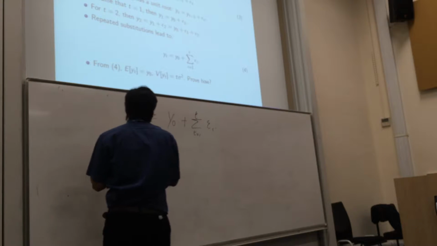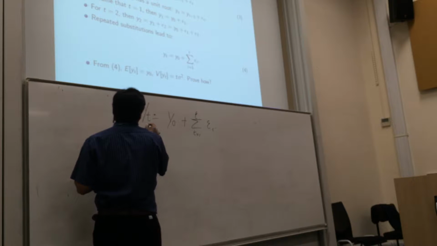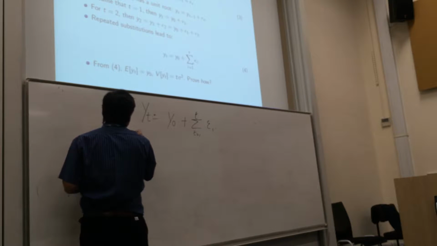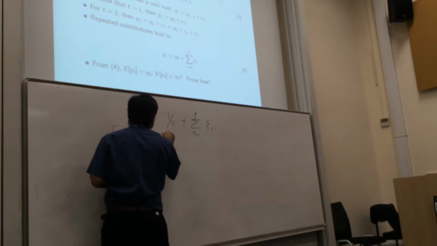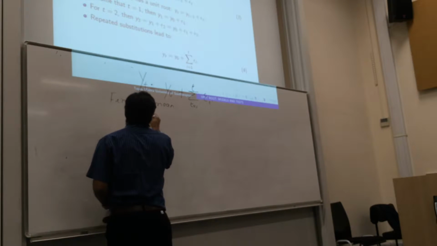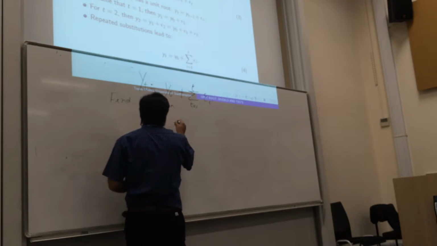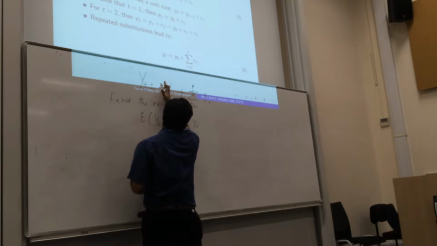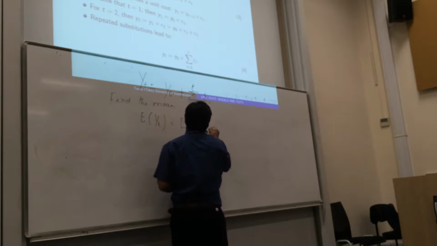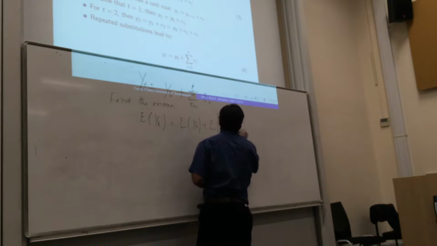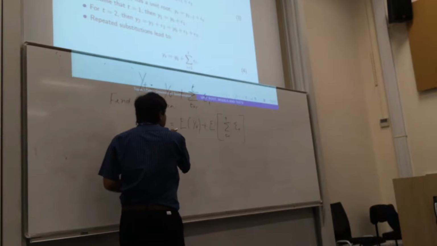So now I take an expectation, because I want to find the mean. The first thing is to find the mean. I write the expectation of y0, plus the expectation of the sum of epsilon, from 1 to t.